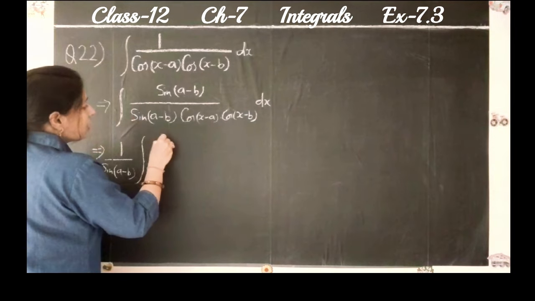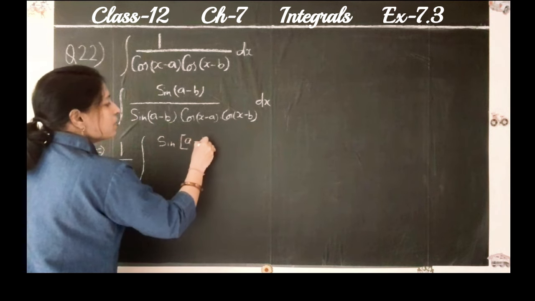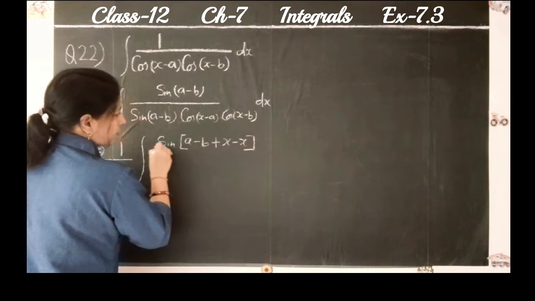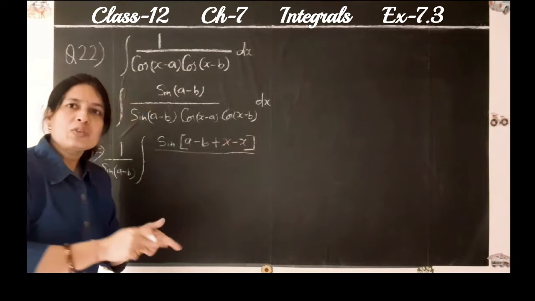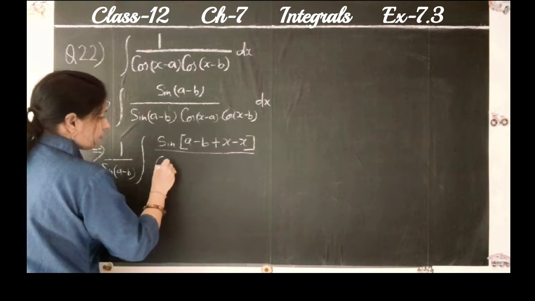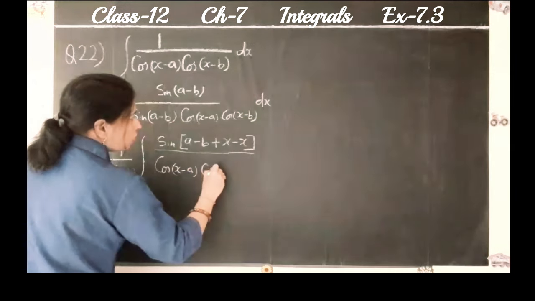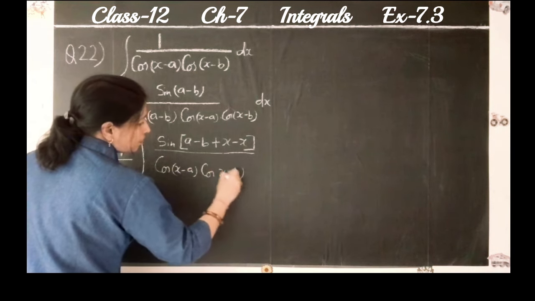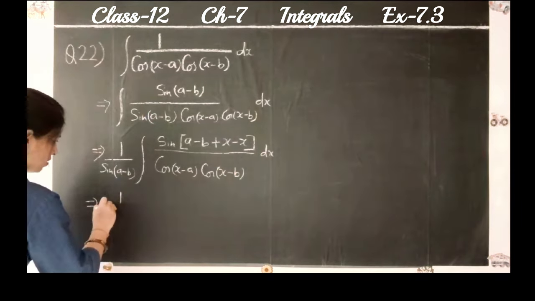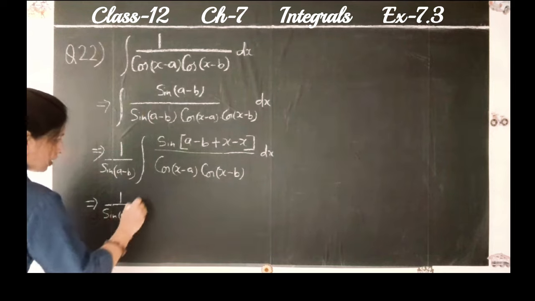So we can write sin, write this a minus b, write plus x, then write minus x. साइन a माइनस बी को ही हम क्या लिखेंगे, प्लस x और माइनस x उसमें ऐड कर देंगे. Then we can write here cos x minus a into cos x minus b, write here dx. Then write this one as it is, sin a minus b, integral.